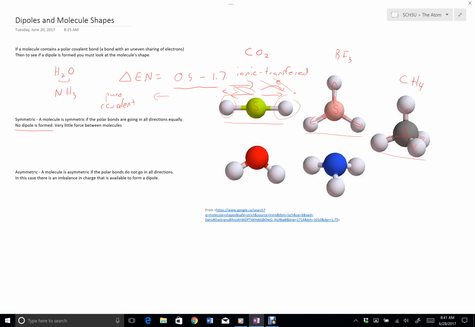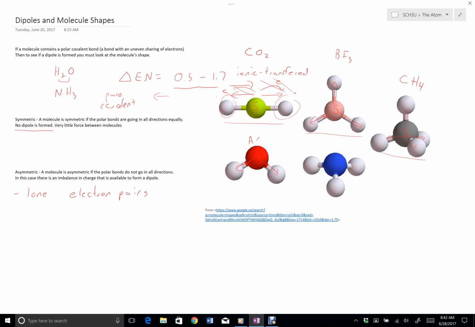Now, on the other hand, if the molecule is asymmetric, and this can typically be accomplished by having lone electron pairs on the molecule, so this happens a lot of the time if we have lone electron pairs, then the molecule forms into this shape. This particular shape is called the bent shape because it obviously looks bent.